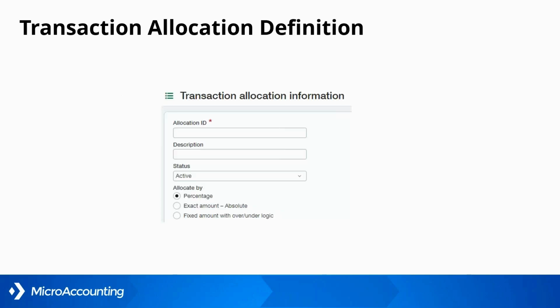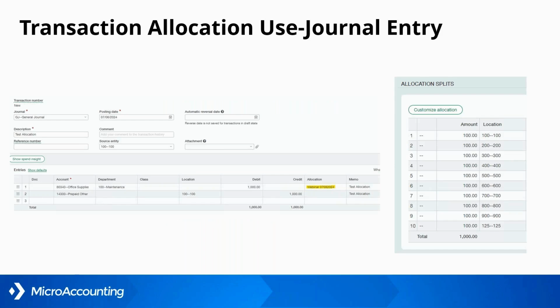This is just a screenshot of that setup, the transaction allocation definition. You'll find these under the general ledger module in setup, where you can select your ID for the allocation, and then your percentage, exact amount, or that fixed amount with the over-under logic are your options on how you're going to allocate that amount out.